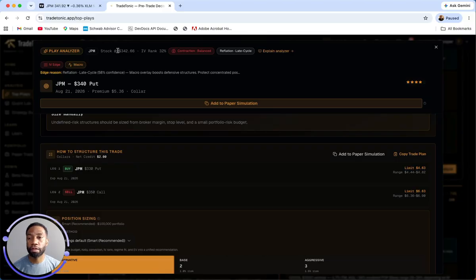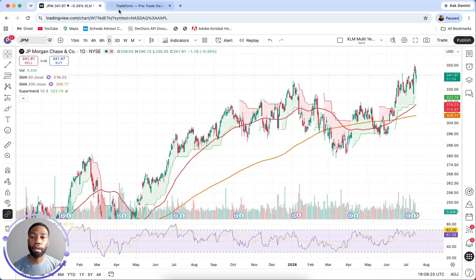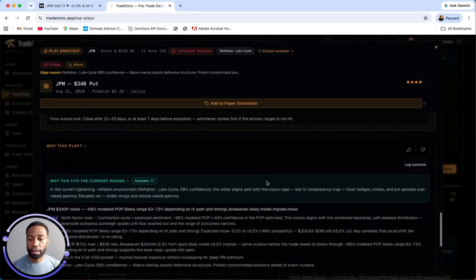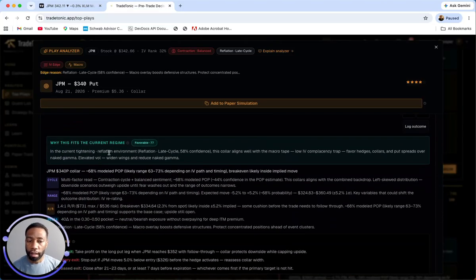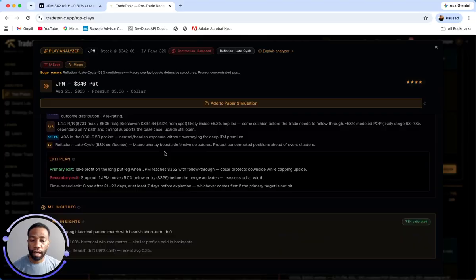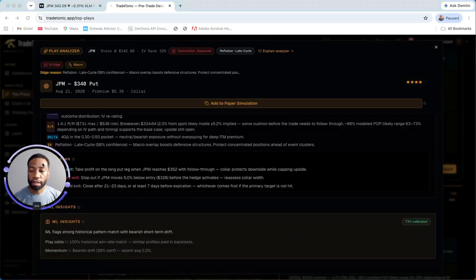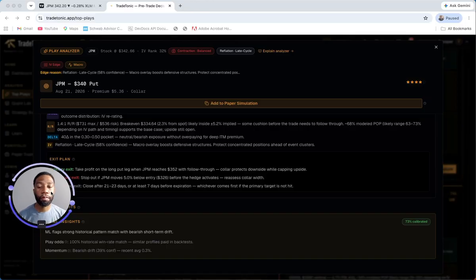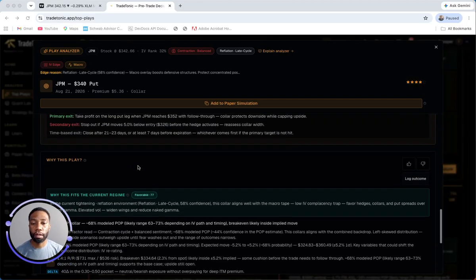And so we're essentially saying we're going to be net short this JP Morgan trade, okay? Now let's scroll down again. This gives us a little bit more detail of why this trade fits the current regime. And also the machine learning insights, right? The machine learning flags strong historical pattern match with this bearish short-term drift, 73% calibrated with this particular trade.